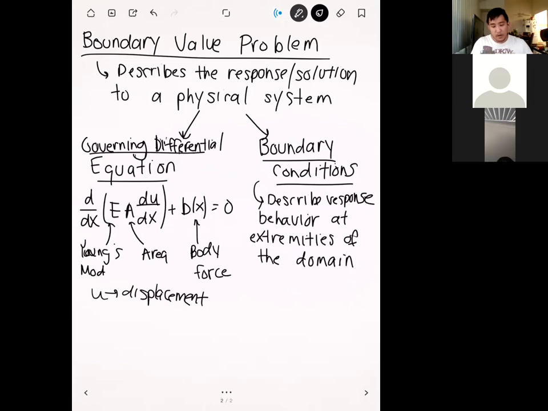And so thinking back to the structural problems we've been doing up to this point, these would be things like a fixed constraint, it would be things like a load or a force, okay? And so mathematically, it might look something like this, okay?